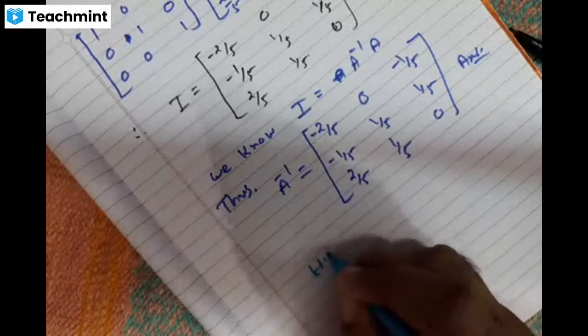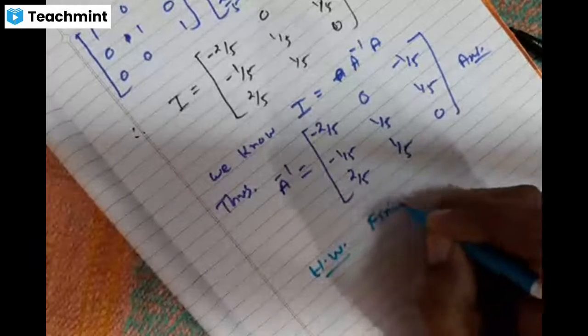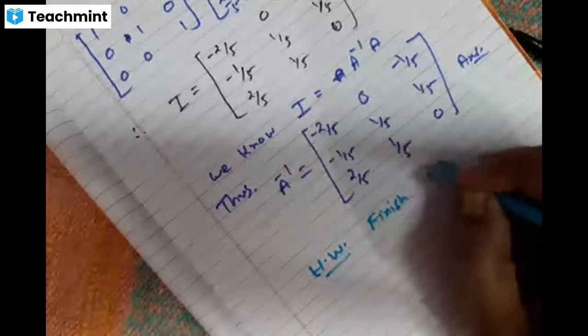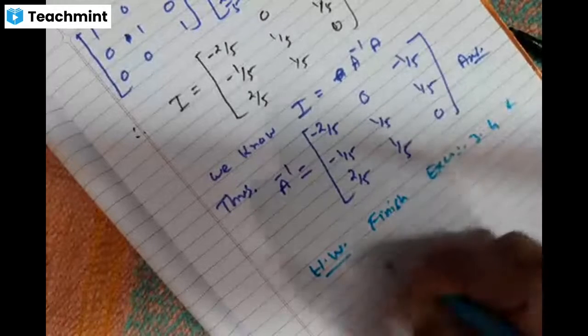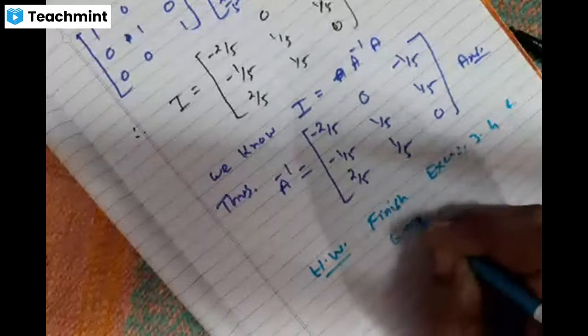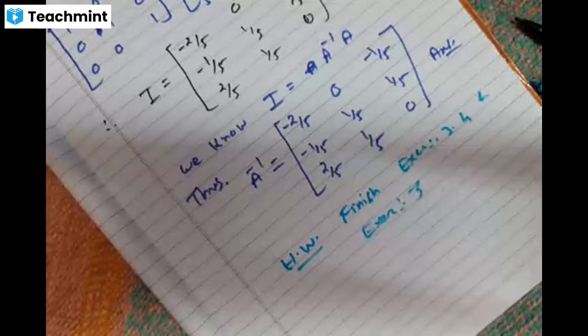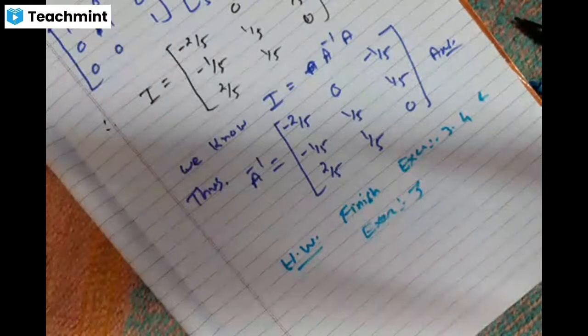So now in the homework, you just finish this exercise, exercise 3.4, and also you finish exercise 3. Why am I giving the whole exercise in the homework? The reason is it is a mixed exercise. All the types of sums we have done there. If you have any doubt, please let me know.